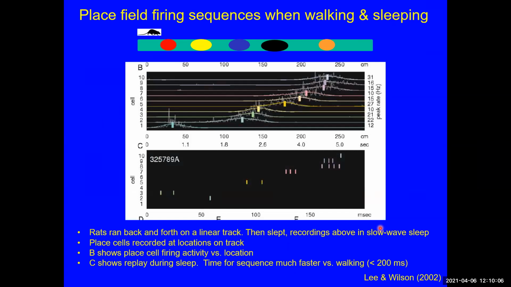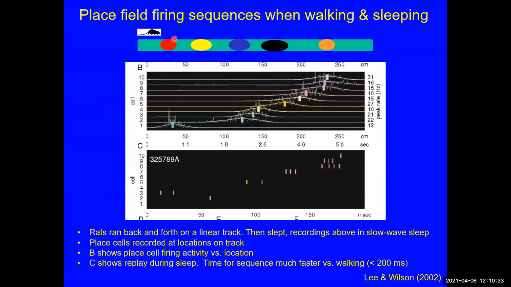So we left off, or at least we started thinking about on Thursday, well, if you have a bunch of these cells together and the rat is walking around, one cell will fire when the rat is here. And as the rat keeps moving, let's say in this direction from left to right, you'll have the cell, I just color coded it here. Cell A is red, and then yellow, and then blue, black, and then orange.